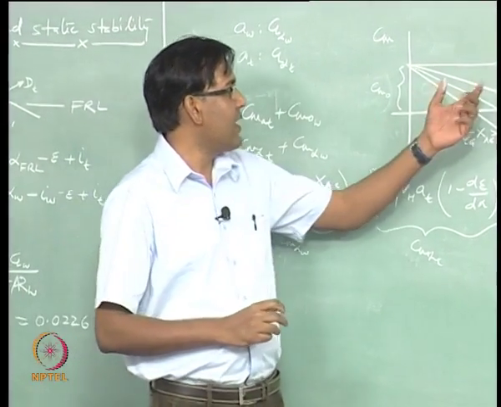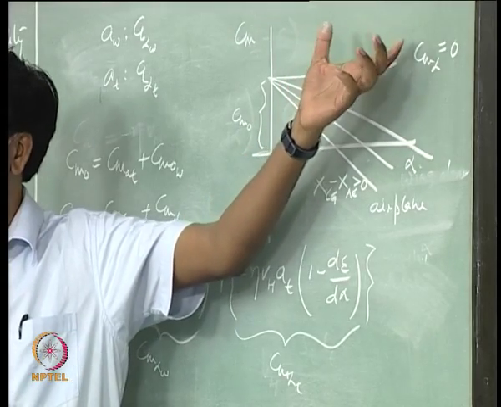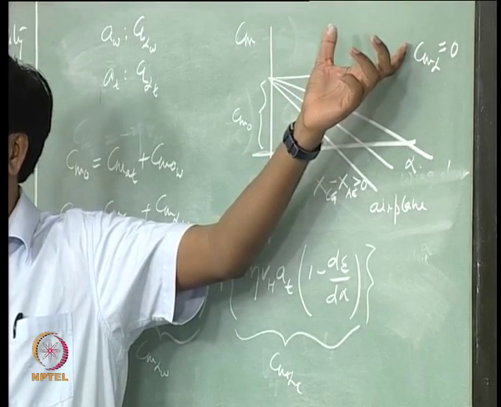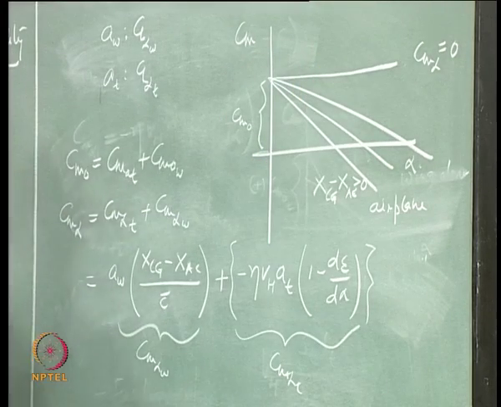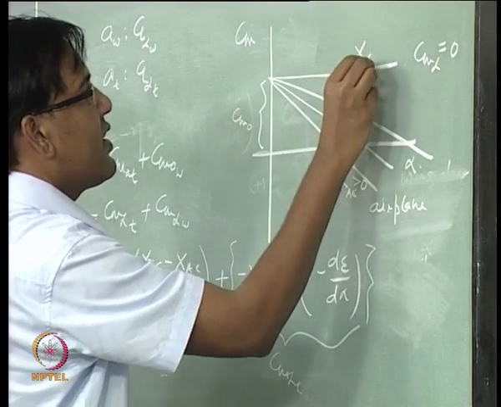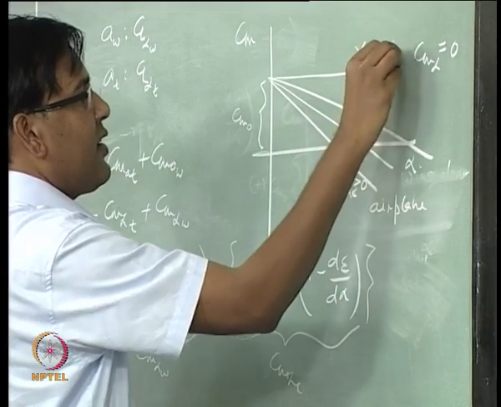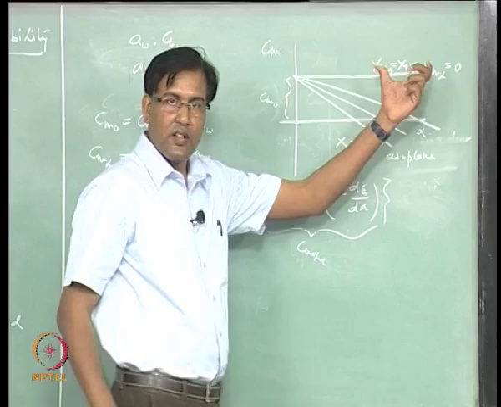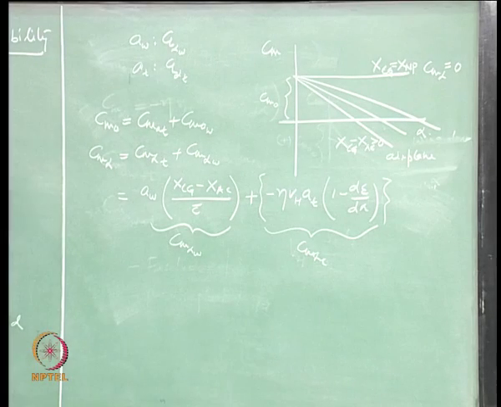So, there is clearly one point, and that is the location of the Cg at which the Cm alpha becomes 0. You know what that point is called? Neutral point of the aircraft. So, the Cg location where Cm alpha becomes 0 is called the neutral point of the aircraft.